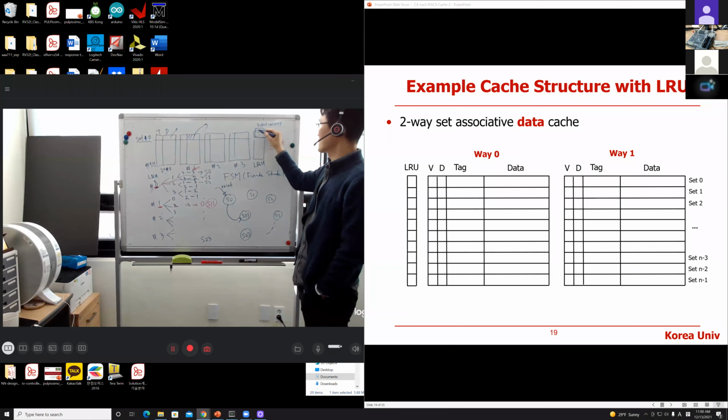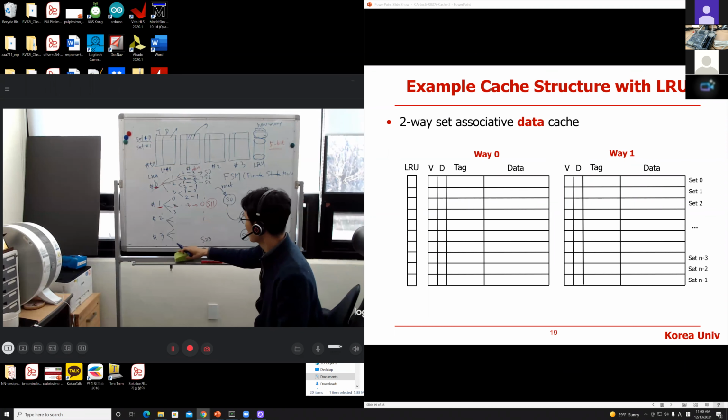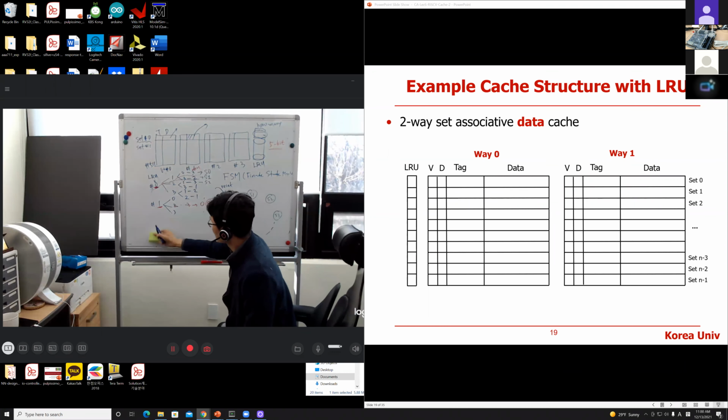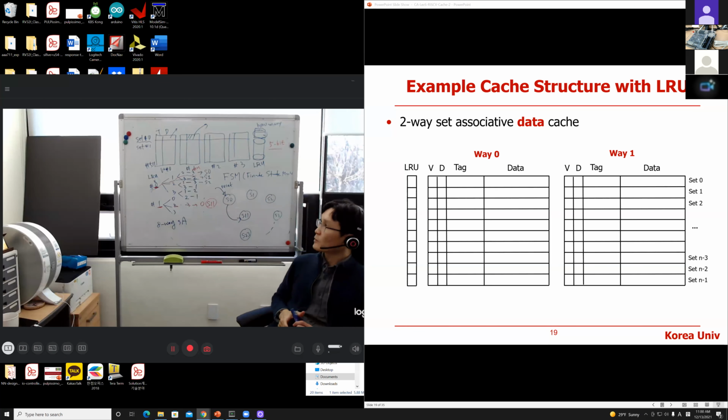Okay. So what if you have an 8-way set associative cache? Then how many bits do you need? 8 factorial, right? So let me compute.